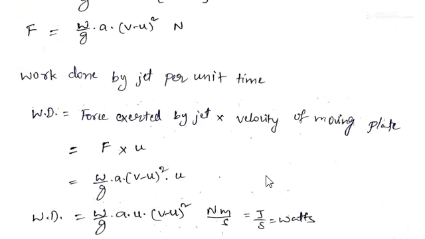And if you calculate the work done by the jet per unit time, we know work done is force into displacement. But here we are writing work done per unit time, so you can write force exerted by the jet into displacement of the plate per unit time.